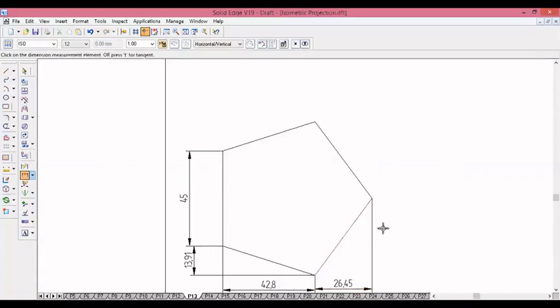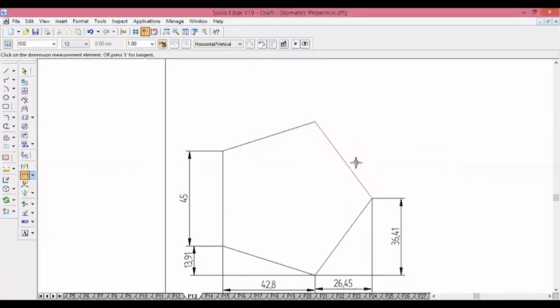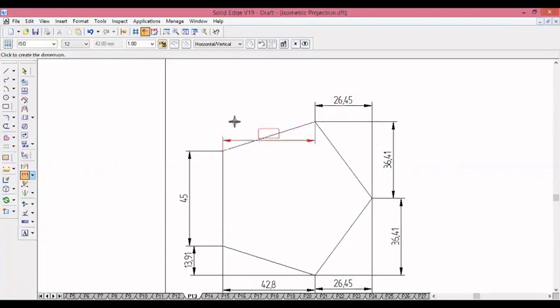Right click after getting every dimension, otherwise this type of caution box will come: dimension cannot be placed. So anyhow, the bottom dimensions and top dimensions will be the same.